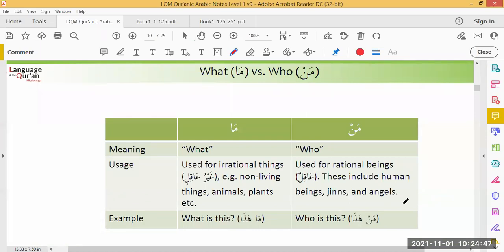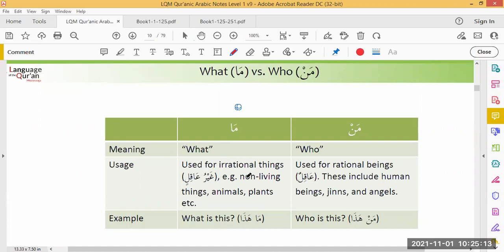The next thing in this lesson, we will learn ma and man. Ma means what? Man means who? Ma we use for irrational things, ghayr aqil.